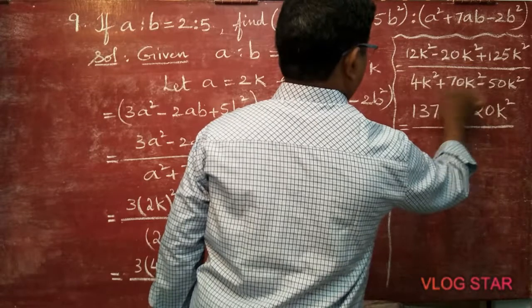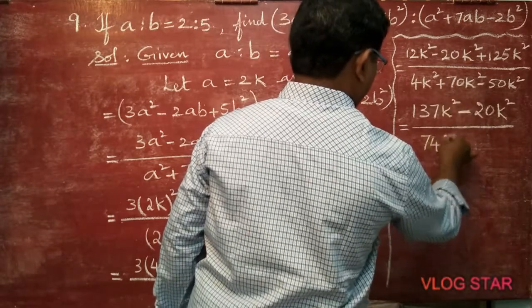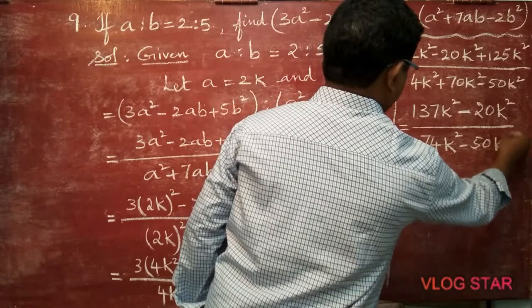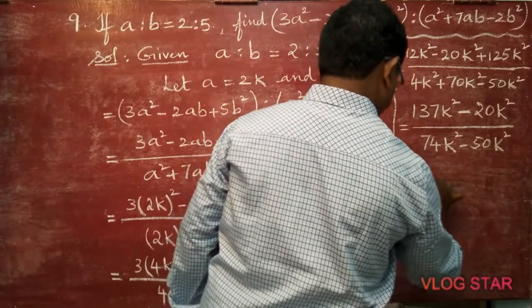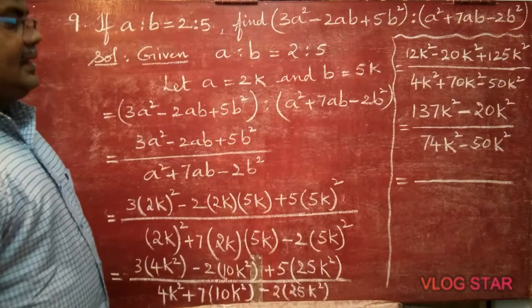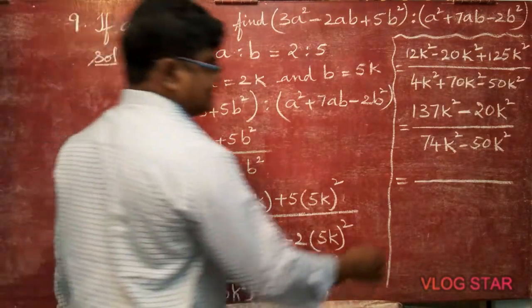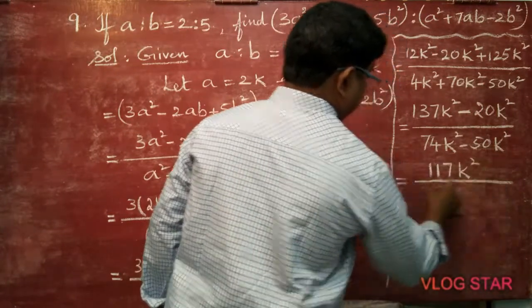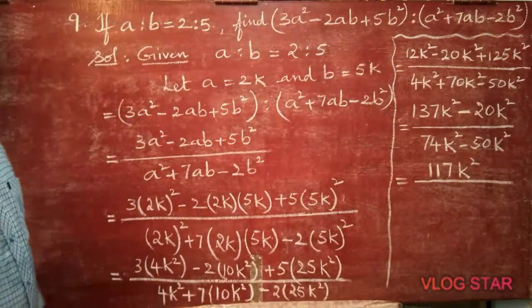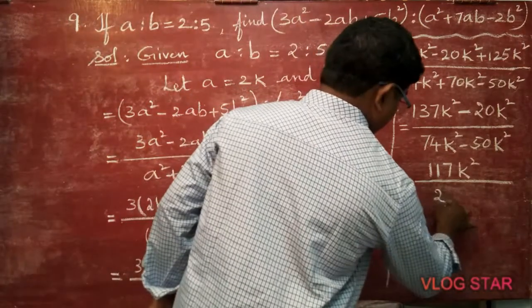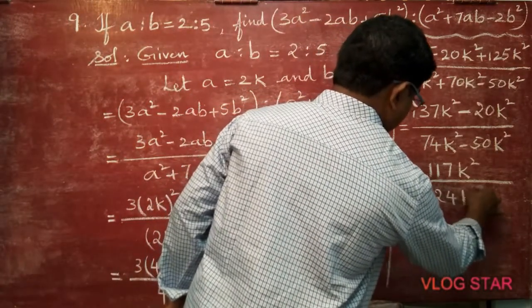Denominator also add positives. 74K square minus 50K square. That is equal to, now subtract. 137 minus 20 is 117. 117K square by 74 minus 50, 24K square.